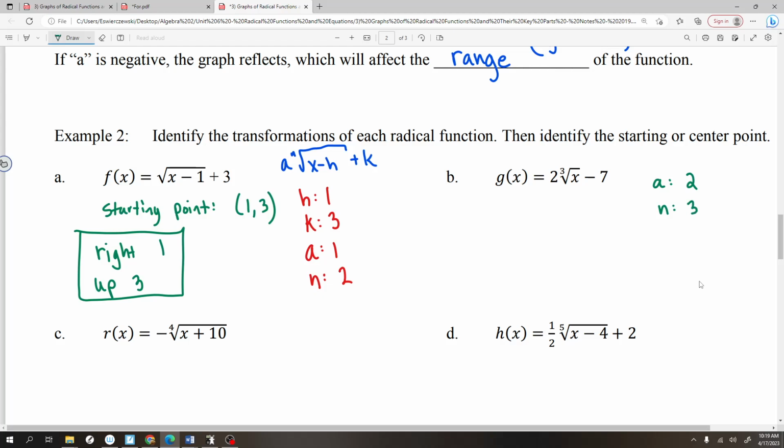Now, next. What would H be? What am I subtracting from inside my radical? It has to be inside the radical. So am I subtracting anything? No, so what is H?